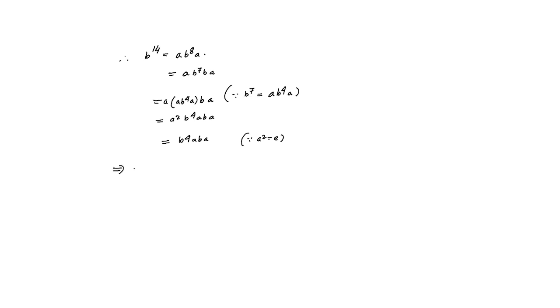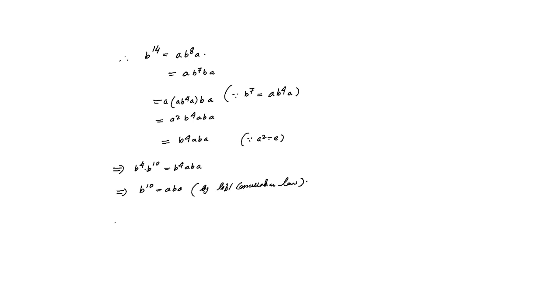So here we can write B to the power 14 equals B to the power 4 times B to the power 10, equals B to the power 4 A B A. Again by left cancellation law, we can cancel B to the power 4 on both sides. So B to the power 10 equals A B A, by left cancellation law, because the cancellation law holds in a group.